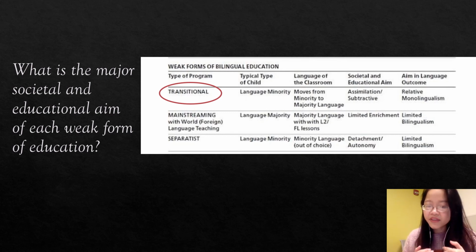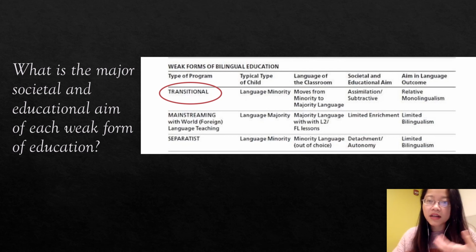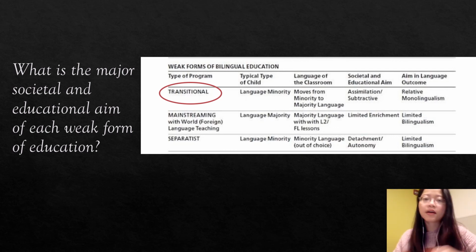This method of instruction is where content classes like math, science, and social studies, for example, are taught in the native language. How long? We don't know. But first of all, they will be taught in the native language. And the student will take ESL or some extracurricular classes that are taught in English, of course. But some classes will be reserved for their first language.